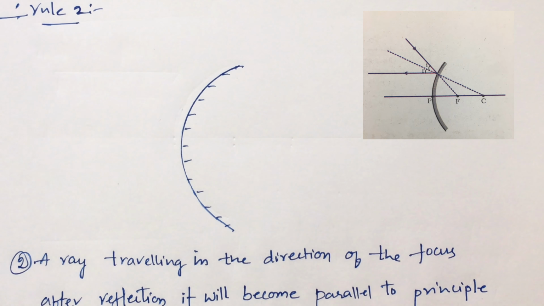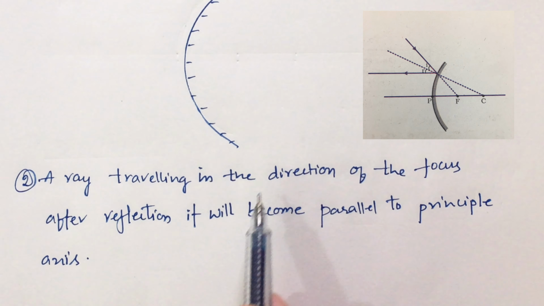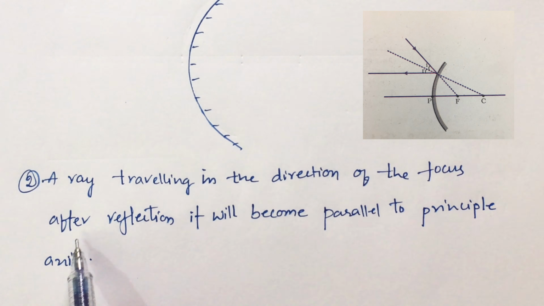Rule number 2 is the converse of rule number 1. Rule number 2 says that a ray traveling in the direction of the focus, after reflection will become parallel to the principal axis. Now let us draw the ray diagram for it.